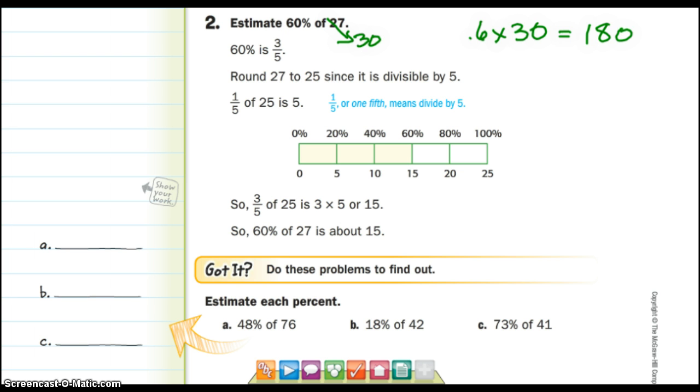And then I know there's a 0, but that 0 doesn't count because my answer has to be a little bit more than 50%. So we know that 50% of 30 is 15. Therefore, I know that 60% of 30 is 18.